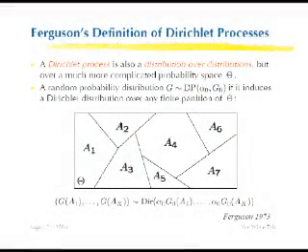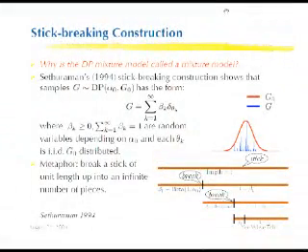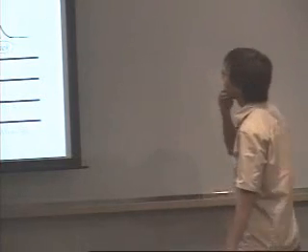I think the first paper on Dirichlet processes came out in '73, but the definition given there is not very helpful because it's an existential definition, not a constructive definition. I'll go on to the next definition, which is a lot more constructive, and tells you exactly what the Dirichlet processes are.